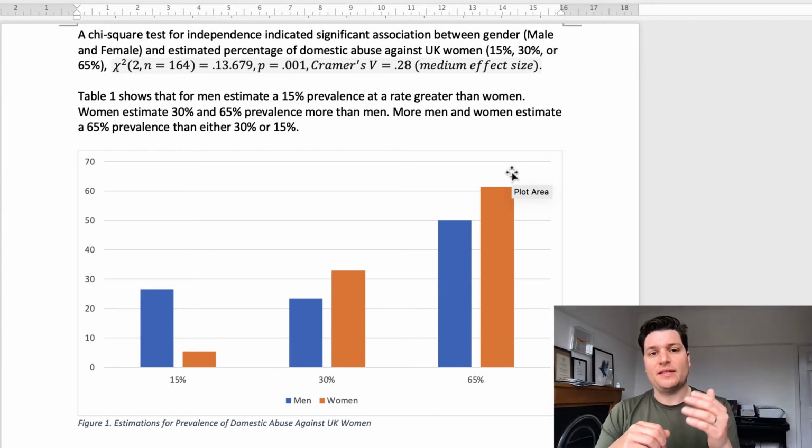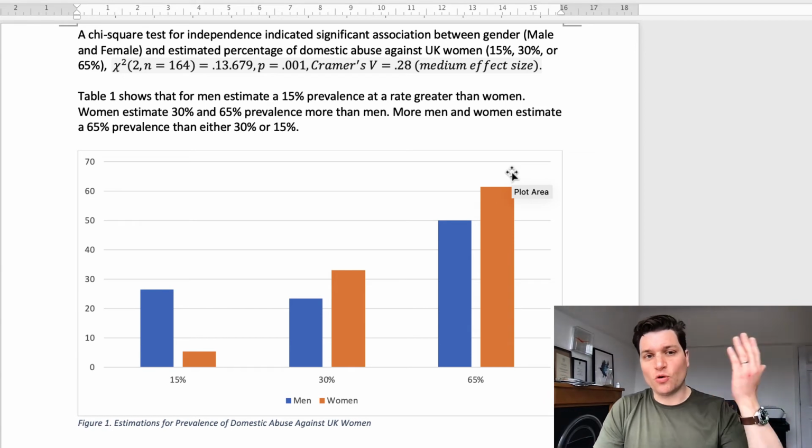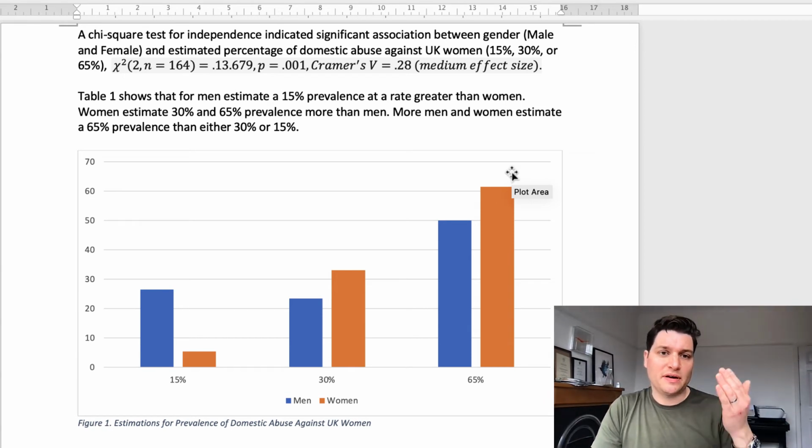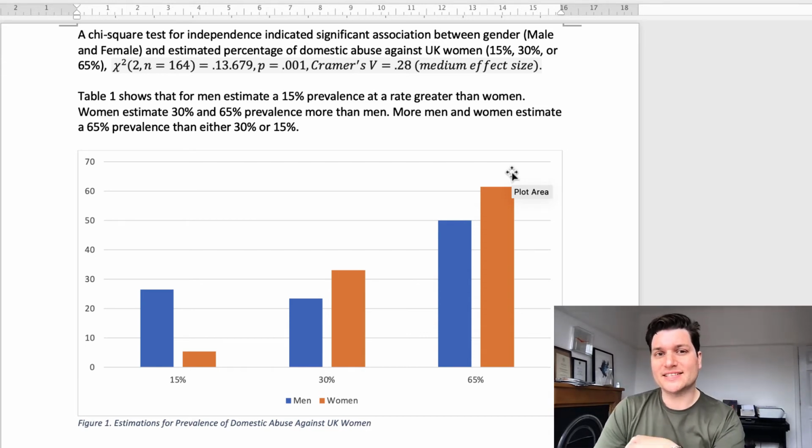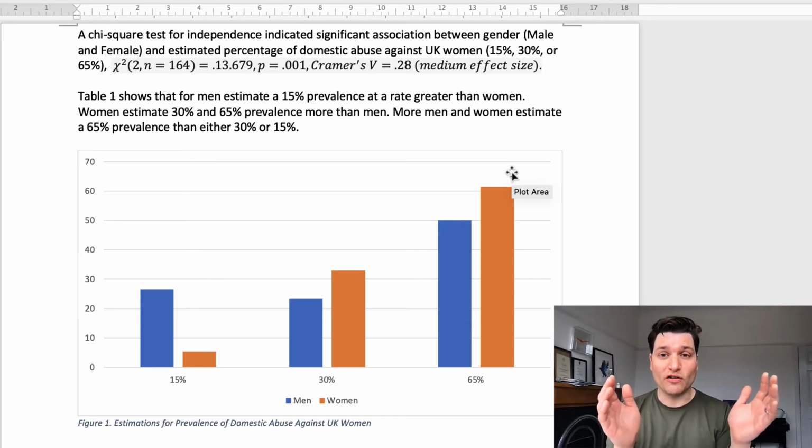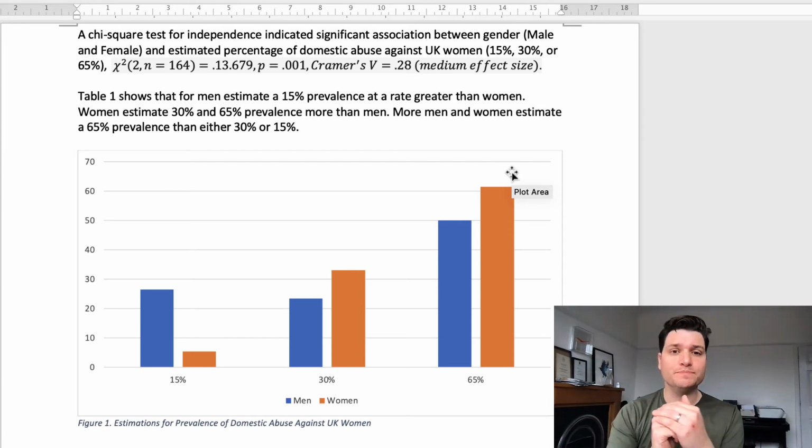And then we have this bit which looks a bit scary, but actually is not. It's just the symbol for chi-squared, and then the degrees of freedom, n equals 64, so the n is the sample size. Then we've got the equals point, that's 13.679, and that is just the value we got from our chi-squared test. It's in the first column.